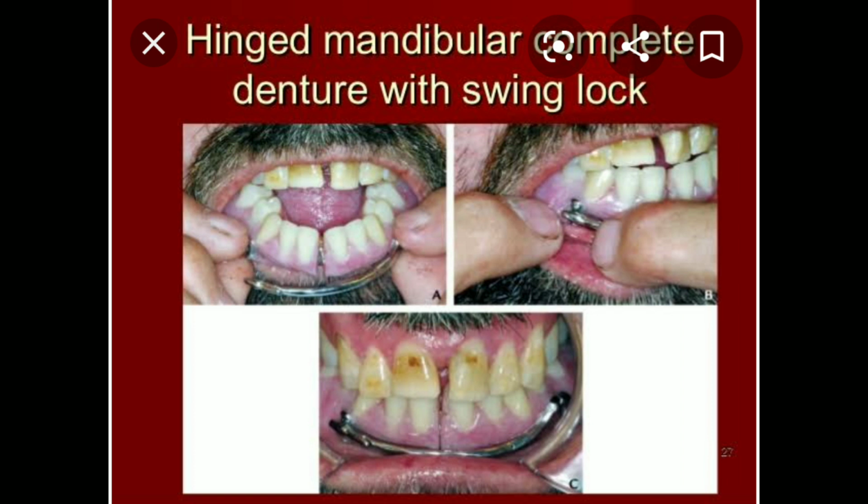And this is another specialized denture, which we call a hinged mandibular complete denture with swing lock. There might be post cancer therapy or chemotherapy patients. In such cases there might be a reduced amount of bone or compromised ridges, where the buccal branches may be reduced. In such conditions we may use the hinged mandibular complete denture with swing lock. This is one type of special denture.